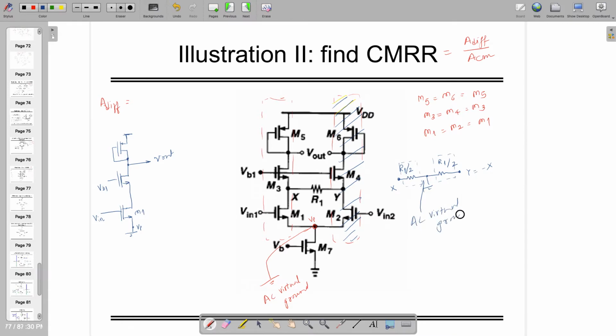So you can take one side and avoid the other, just in the case of finding the differential gain.